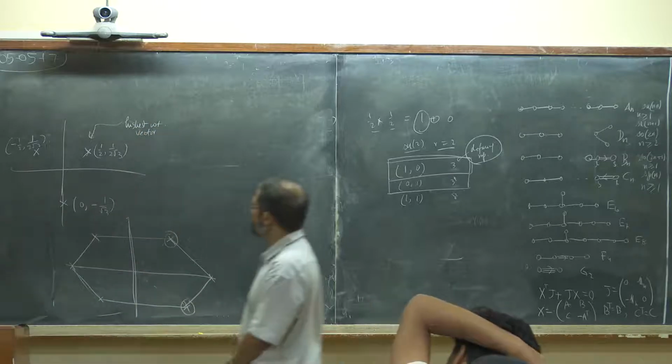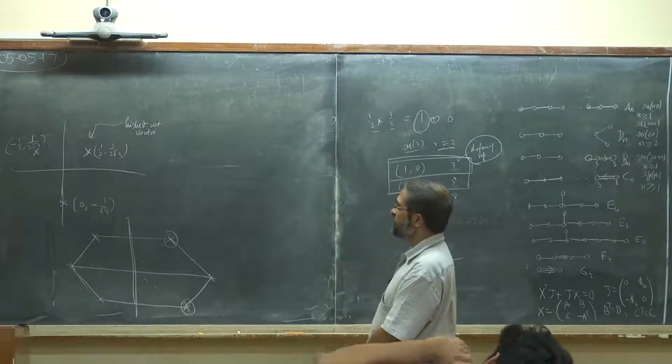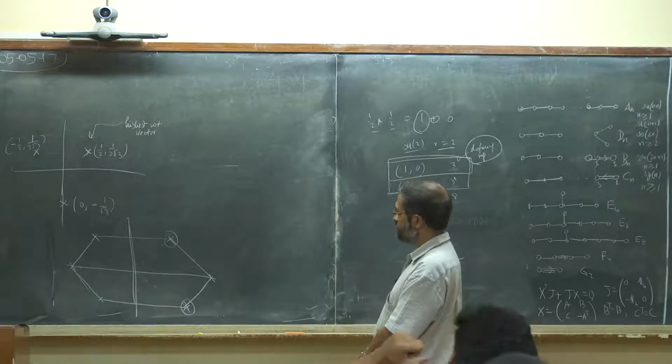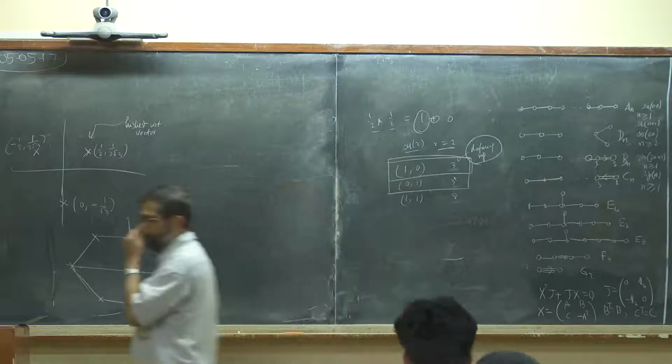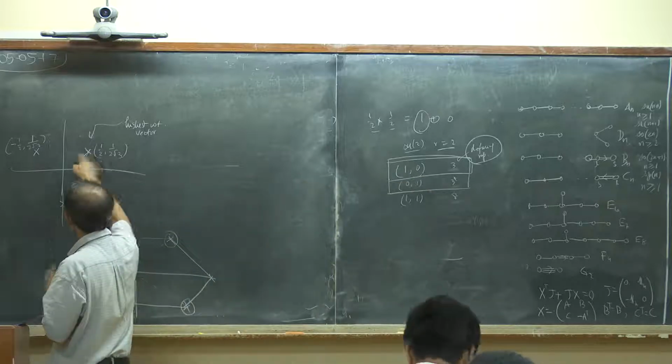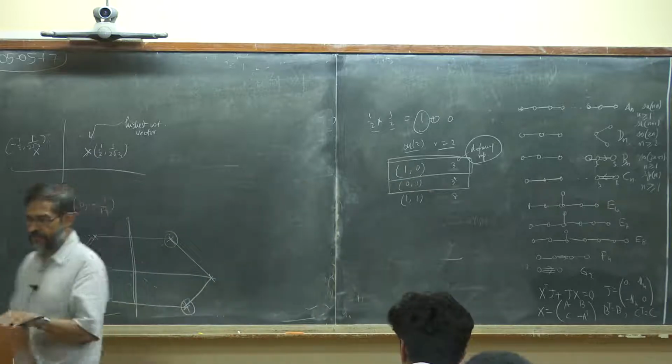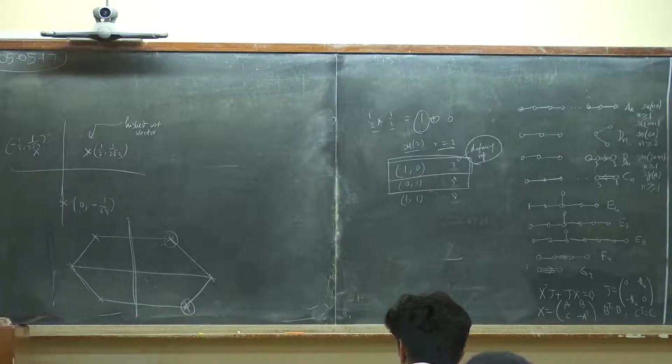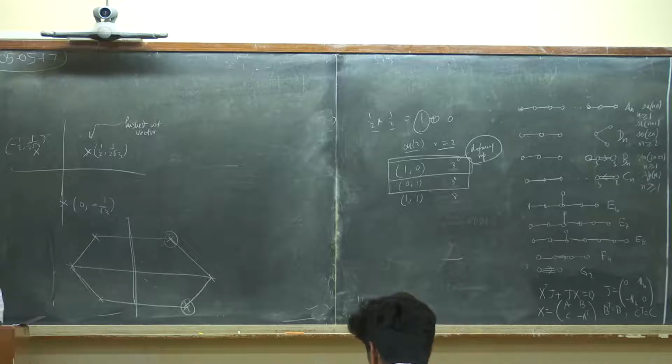Now, basically, I have to find out what is the... so now I keep applying the lowering operators on that. There are two possible lowering operators corresponding to the two simple roots.